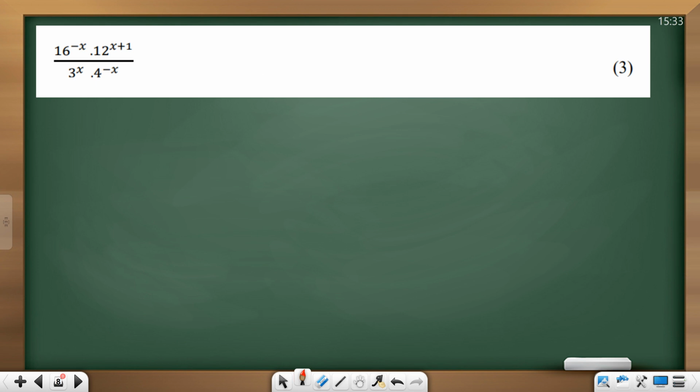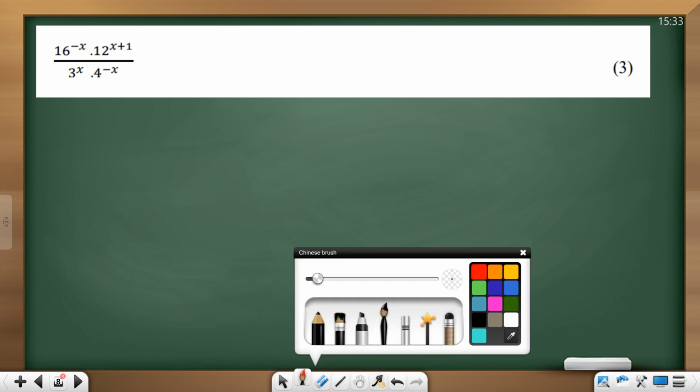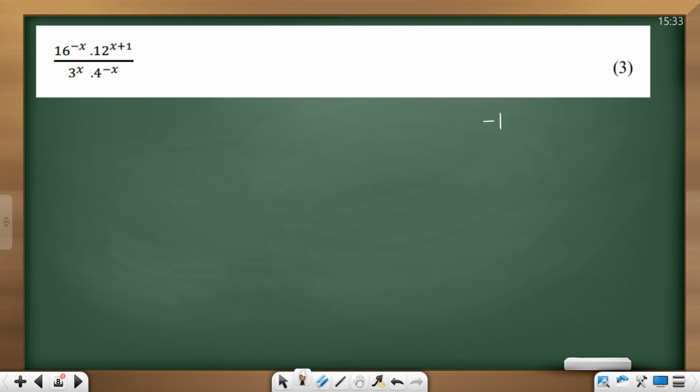So exponents now. Quickly. When you see exponents, my dear learners, please work with what? Prime factors. And then use the laws. Basically, we're saying a to the power m.